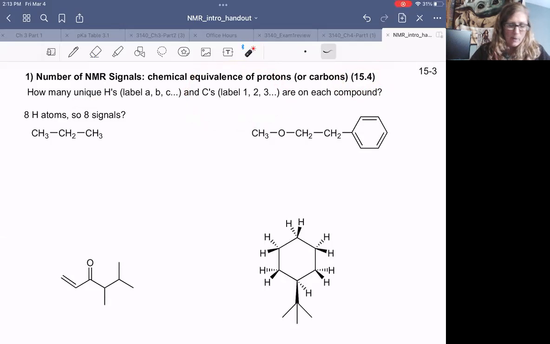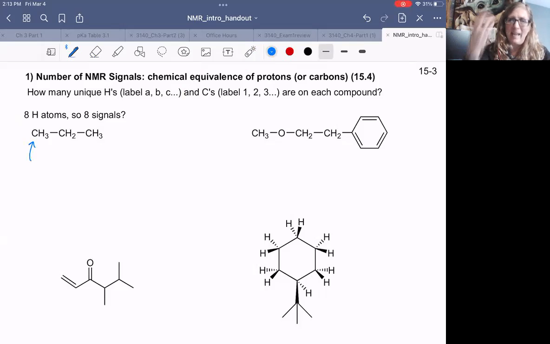So, okay, we have 8 hydrogen atoms in this structure. If we're going to analyze propane, we have 8 protons. Does that mean in an NMR we're going to get 8 signals, all spread out along our spectrum? And the answer is no, because certain protons are equivalent. For example, all 3 protons on that methyl group, we can rotate around, they can interchange for each other. There's going to be no way of distinguishing one from the other.